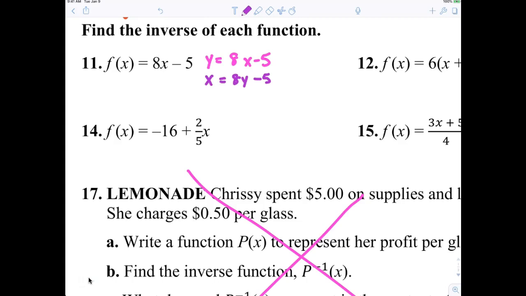Add 5 to both sides, and then divide by 8. Now, do you remember the symbolism? f inverse of x is equal to (x plus 5) over 8. Any issues with that?